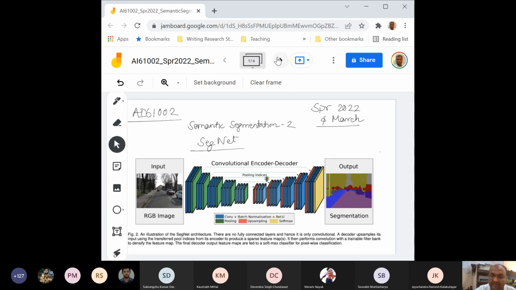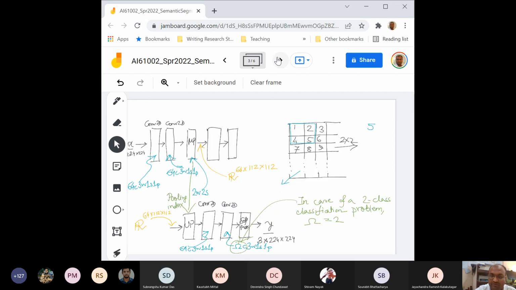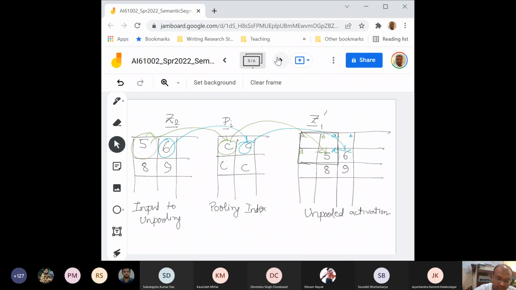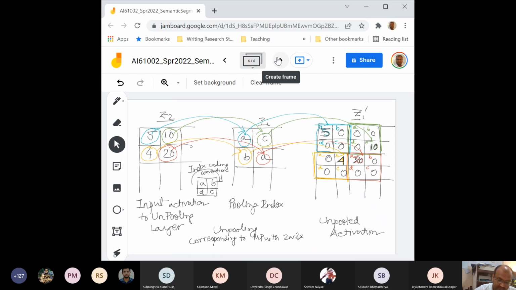That is something which we solved over here, and I showed you exactly how it's getting done. If you have access to the pooling indices and you know what you need to unpool, then this is your unpooled or upsampled version of the activation.